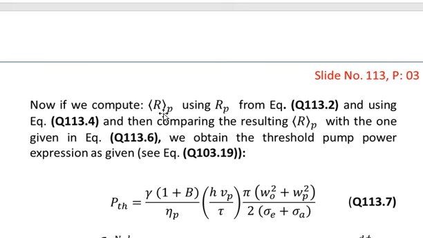Now if we compute the average value of R, that is the average value of the pump rate, using Rp from equation number 113.2 and using equation number 113.4, and then compare the result with the average value of Rp given in equation number 113.6, we obtain the threshold pump power expression as given in equation number 103.19, which is reported over here in equation number 113.7.